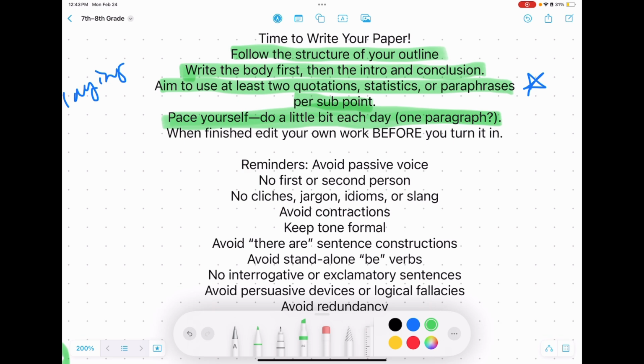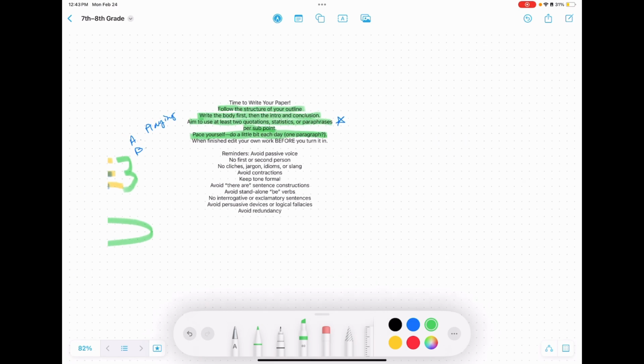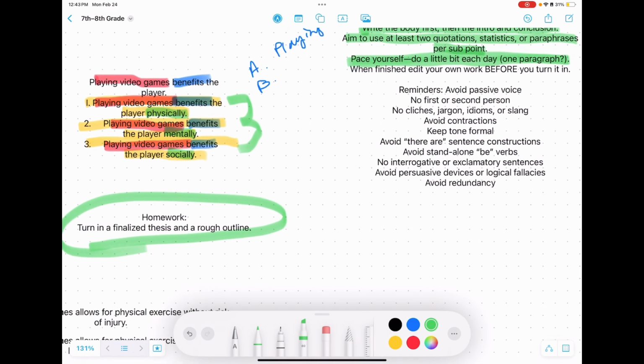Pace yourself. Do a little bit each day. I recommend 1 paragraph a day should set you up to be done with this research paper on time. Now, let's look back at this outline. When you consider the fact that you'll have at least 1, maybe 2 or 3 introductory paragraphs.